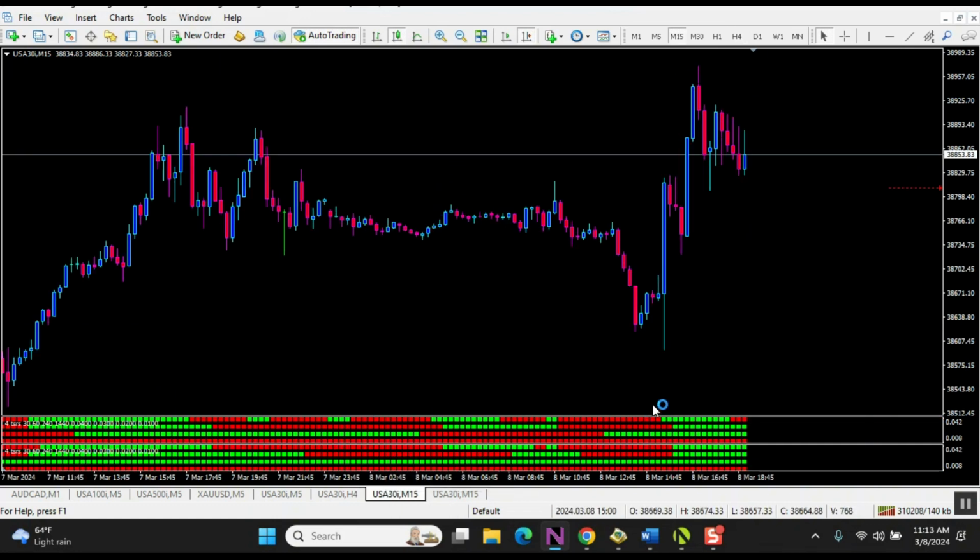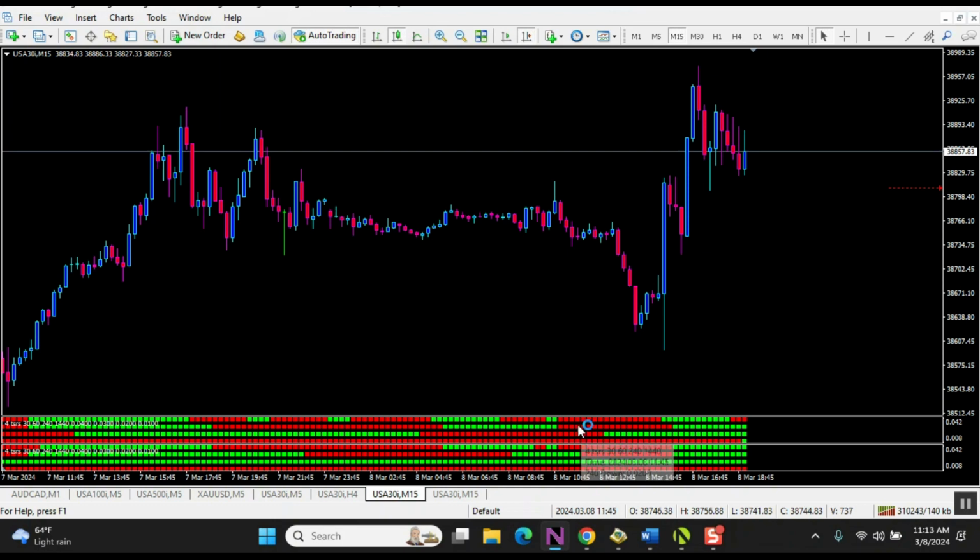Here's, what is this, TSR? Yeah, the top one is the TSR 10. The second one is the TSR 20. And you know what the TSR is. It's the whole moving average that's colorized. What I do in this case is I try to wait till either all the 10s are red or all the 20s are red, or all 8 of them are red.